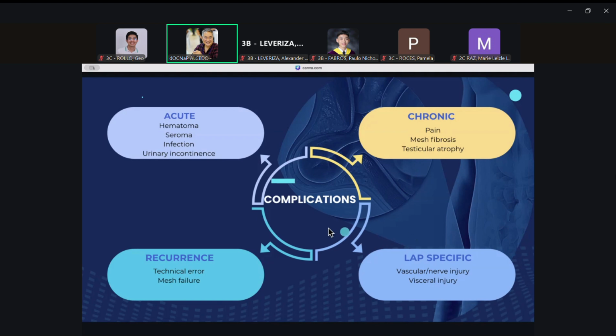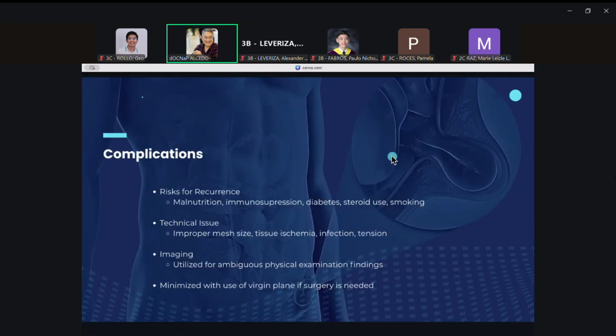And of course, the basis for choosing the better option is recurrence, which can either be a technical error or a mesh failure. Okay, some of the risks for recurrence, of course, diabetes, anti-inflammatory use because it hinders repair of tissues, your steroids, and technical issues.